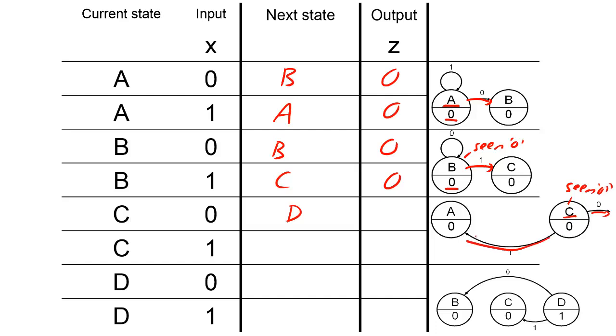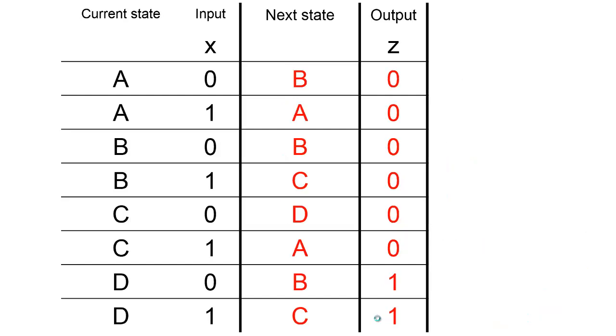And if I get a 1, I'm going to return back to my A state, and my output will always be 0. And then when I'm in the D state, which is my 0, 1, 0 state, where I've seen all of that, if I get a 0, I go back to my B state. And if I get a 1, I go to my C state, and the output of my D state will always be 1.